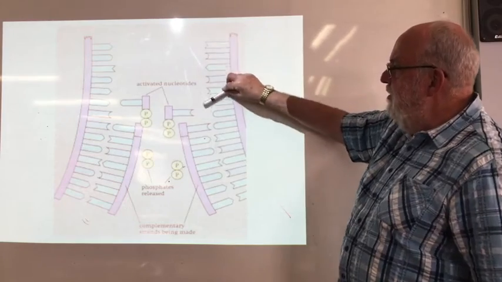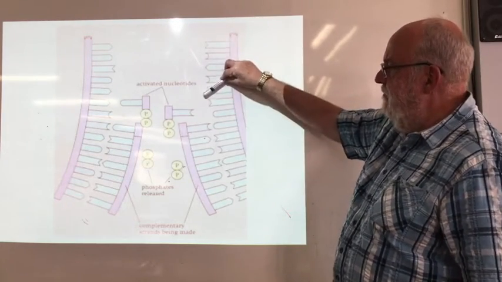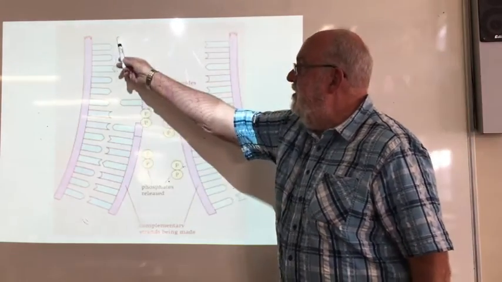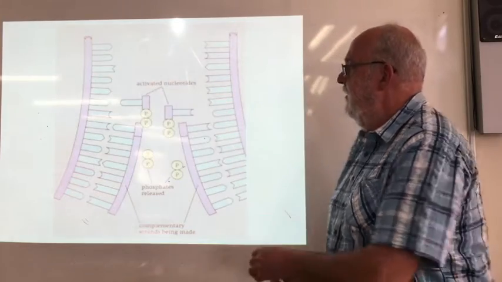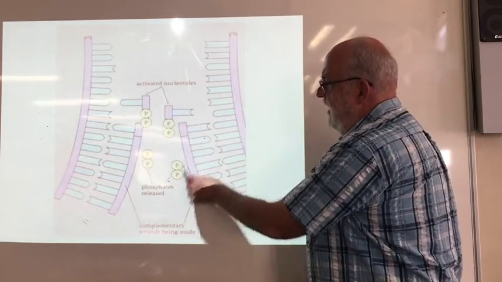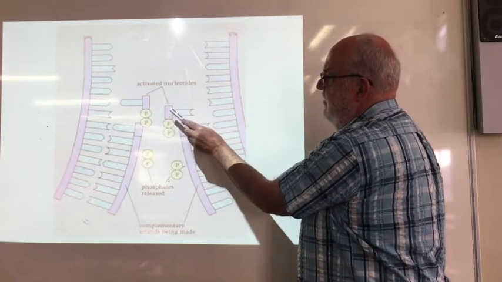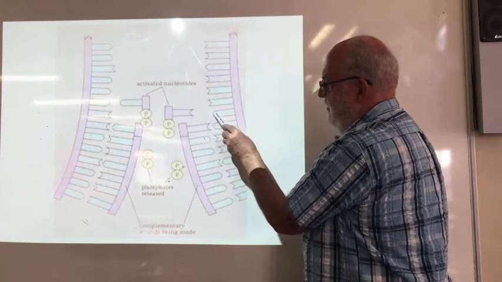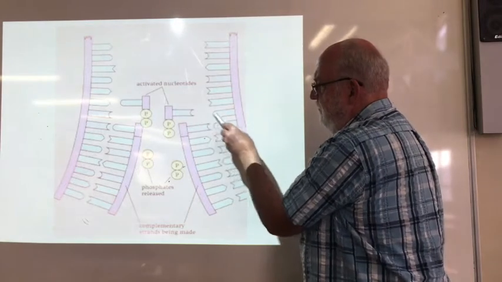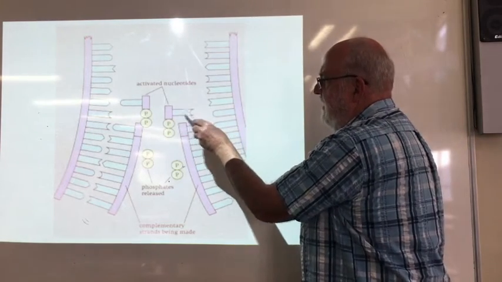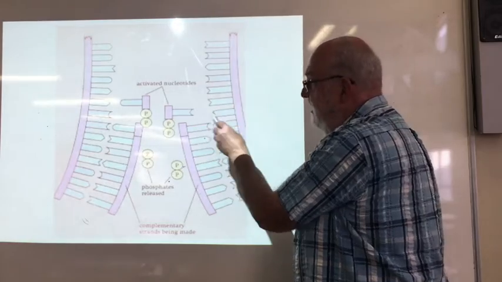Here's the open strand having unzipped. Here's a new molecule of DNA joining on. Here it comes. Activated nucleotide, that one will match up to that. So it fits. This could be adenine and thymine, or it could be cytosine and guanine.